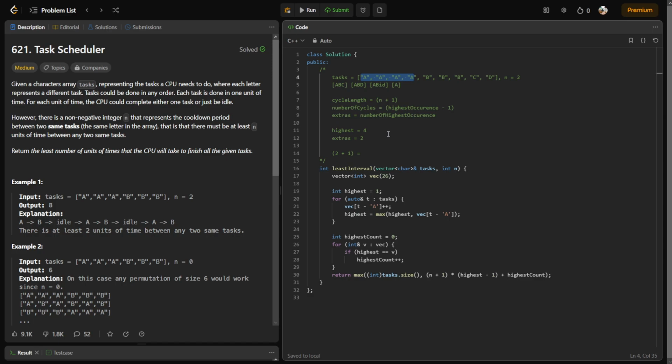There's only one occurrence of 4 characters. 4 minus 1 plus the extras, which is 1. So we simplify this, which I've shown just now. This will give us 10, right? So you see here 1, 2, 3, 4, 5, 6, 7, 8, 9, 10, including the idle.